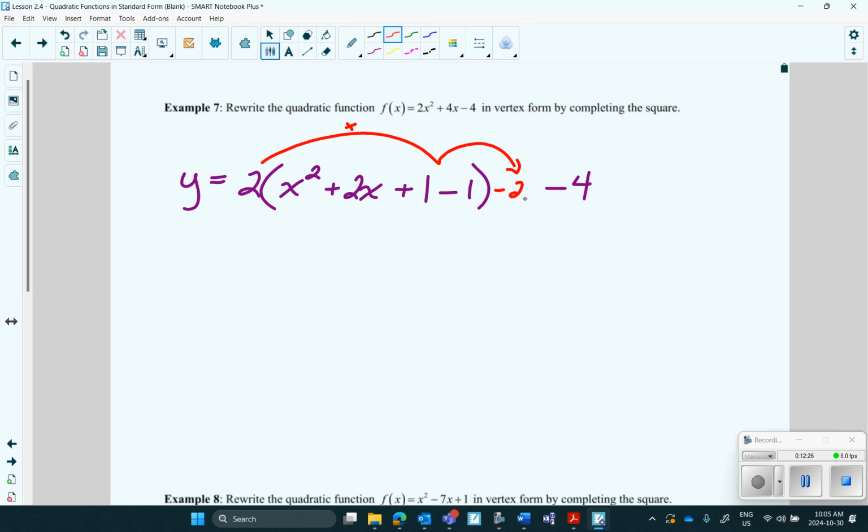So I get -2. So I still have a 2. What does this factor to? X plus 1. And simplify it. -6.